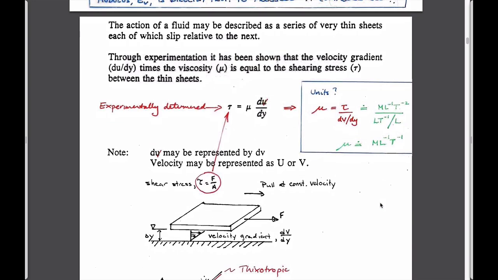Two other important behaviors or laws, I guess, would be Newton's law of viscosity. And you've certainly done some questions with this in your assignments. The shear stress that you have to apply to a plate is linearly related to the rate of change of velocity in the direction of that shear force with respect to its perpendicular direction, right?